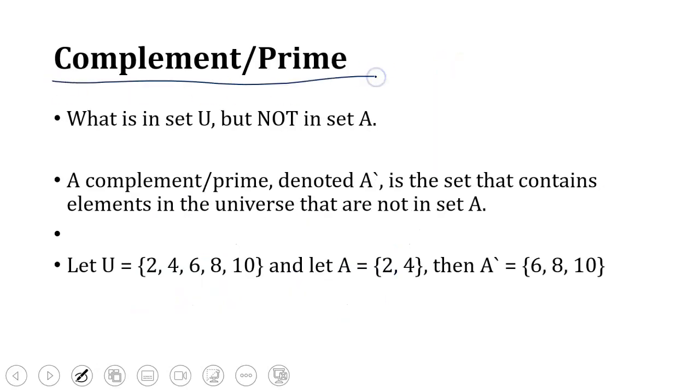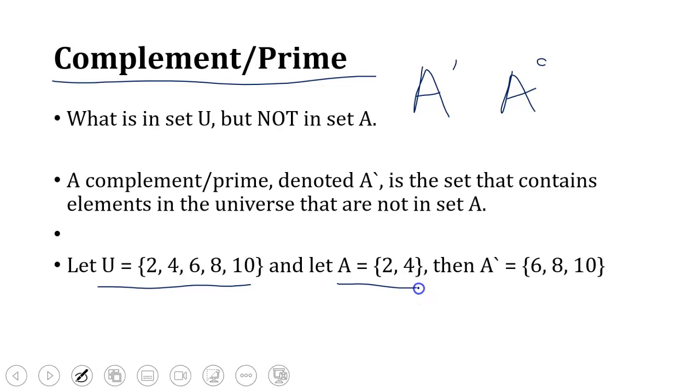Now, the third one is the complement. The complement can either be written with an A with a prime like that, or an A with a subscript of C. This is what is left, what is not in common. So here we have the universal set U: 2, 4, 6, 8, 10.